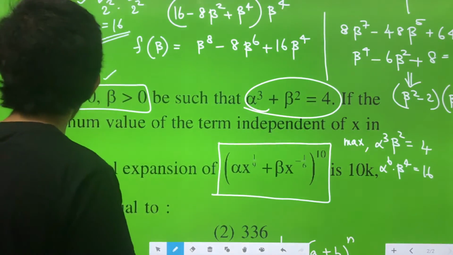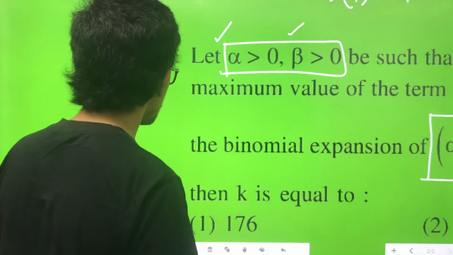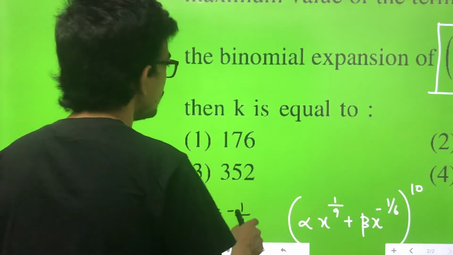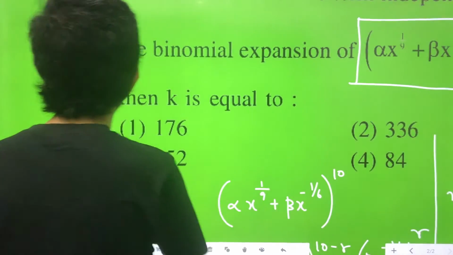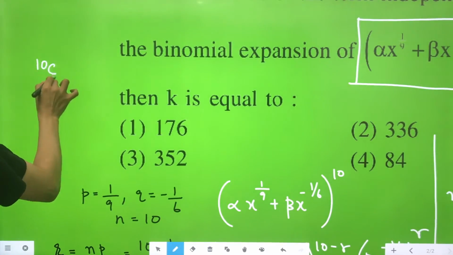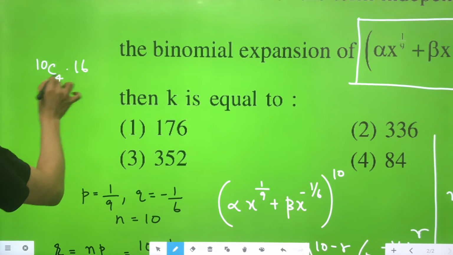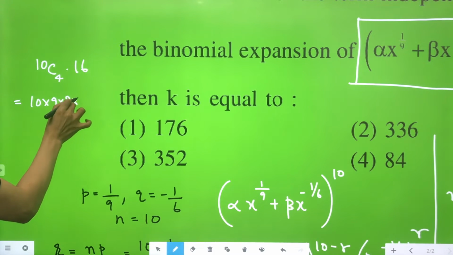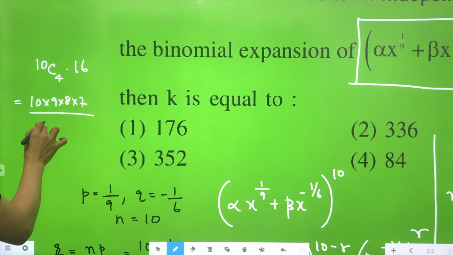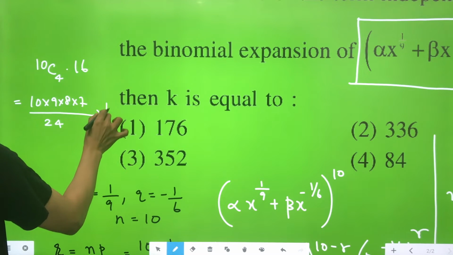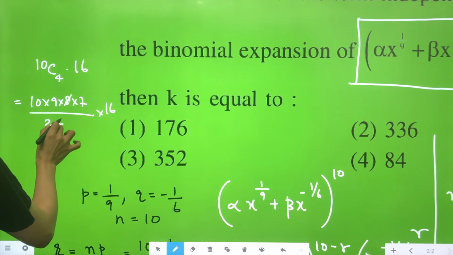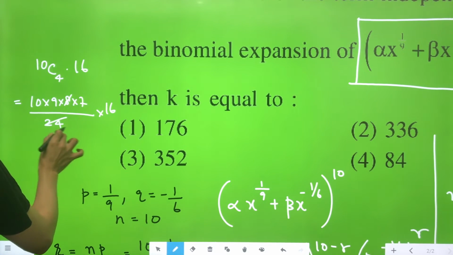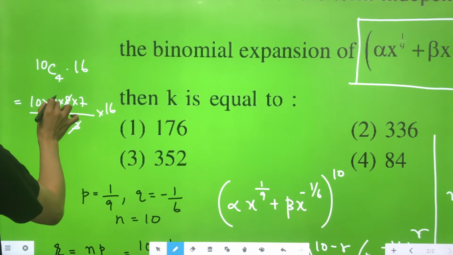If you know these two shortcuts, you can actually do it in less than 2 minutes. Now let's find the final answer, because in the final answer you need to have 10c4 into 16. So 10c4 will be 10 into 9 into 8 into 7 divided by 24, into 16.